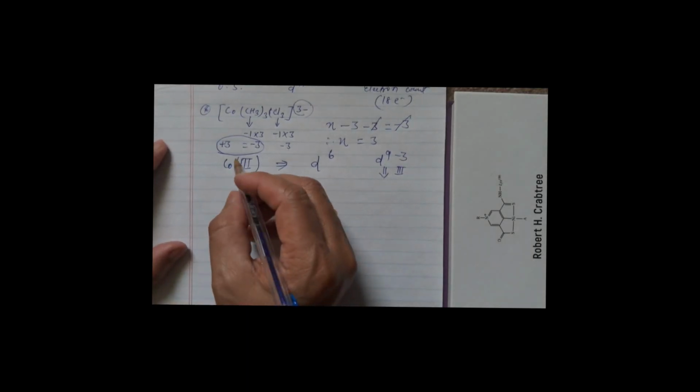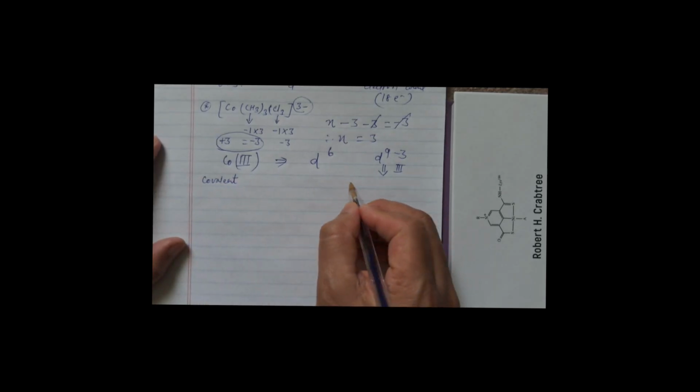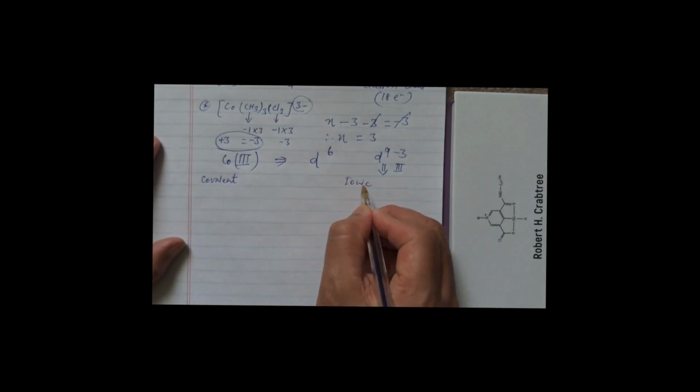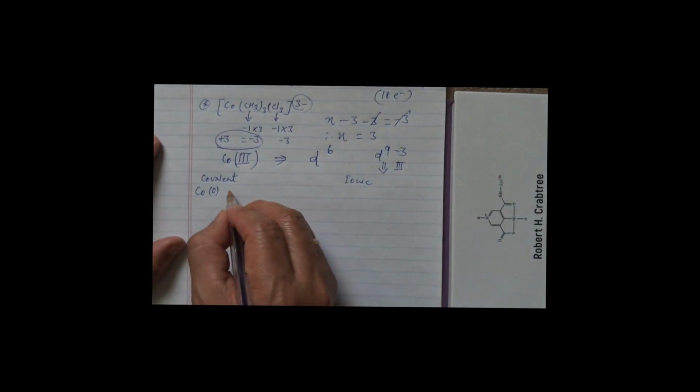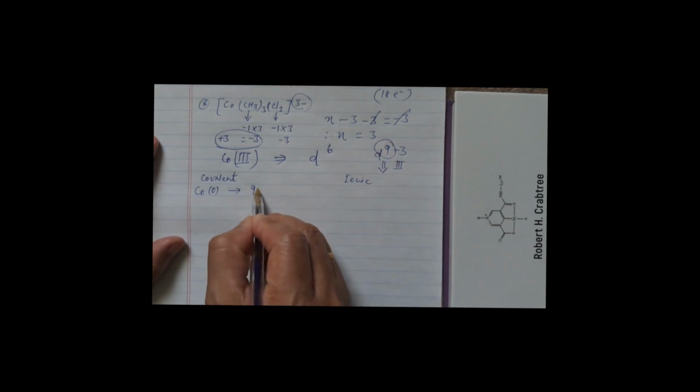After this, let's start counting the electrons. We generally do it by two different methods. We call one the covalent method, and the next one is the ionic method. In the covalent method, we consider zero oxidation for all the metals. In case of cobalt, you already know that when the oxidation state is 0, it has 9 electrons. So 9 electrons.